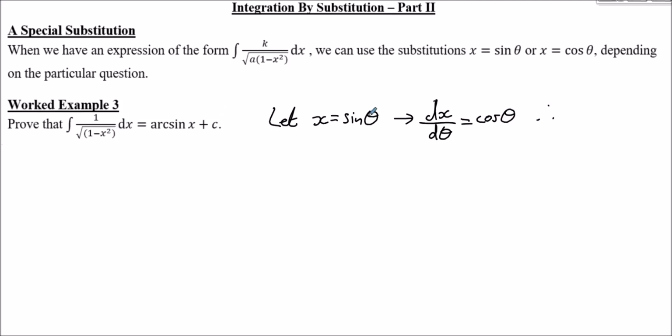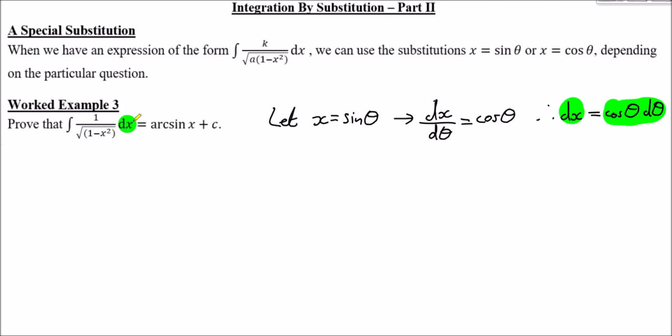Therefore, dx, this time I need to multiply both sides by d theta. I know technically you can't because we're talking about exact operators here, but thinking of them as fractions, just times d theta by both sides, get cos theta d theta. So dx, I can say, is cos theta d theta.